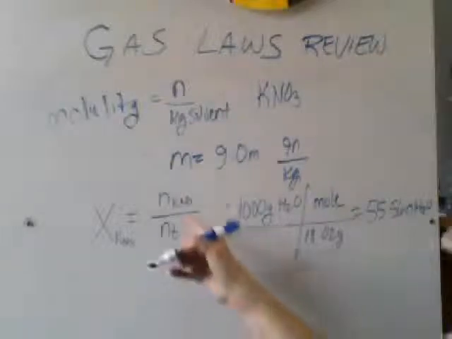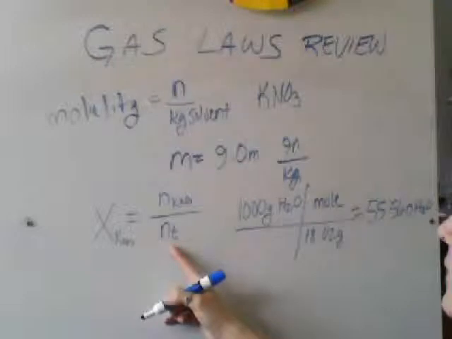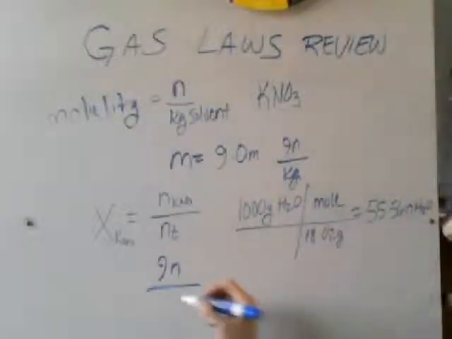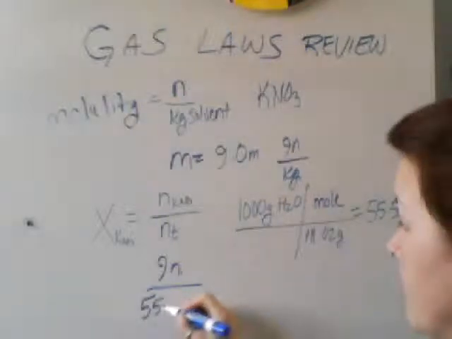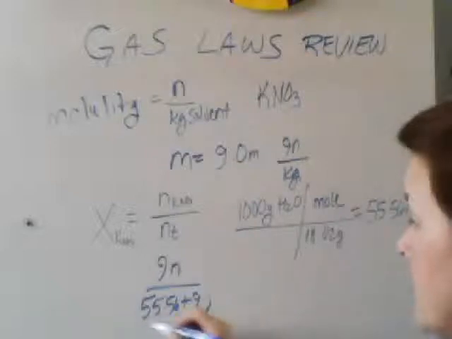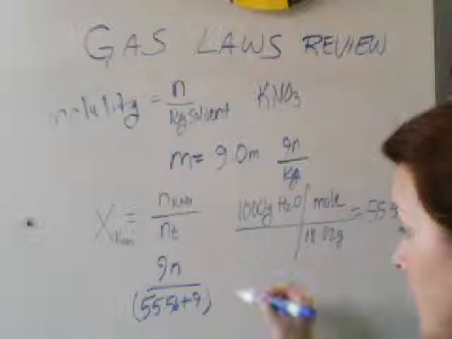So we add those together and substitute them into our mole fraction equation, and we have 9 moles divided by 55.56 moles of water plus the 9 moles of potassium nitrate that are in that solution.